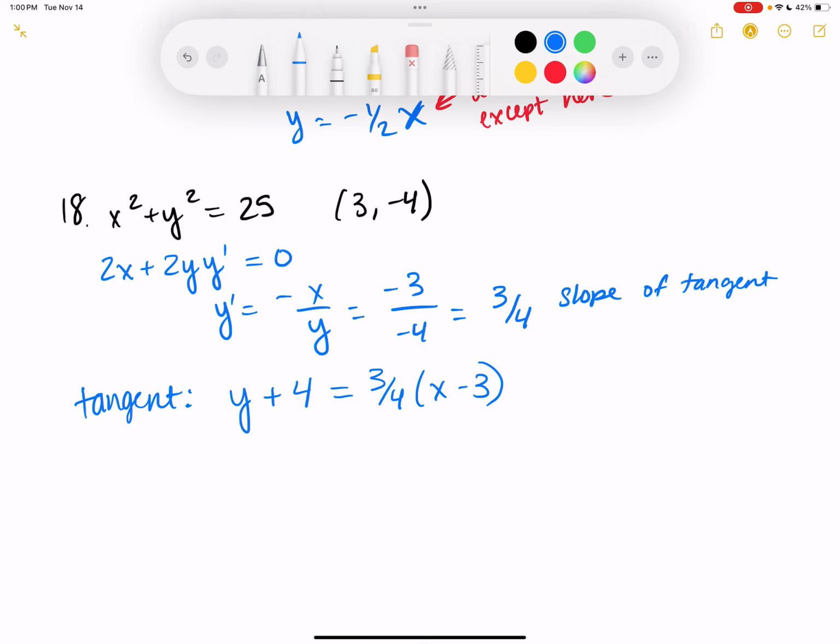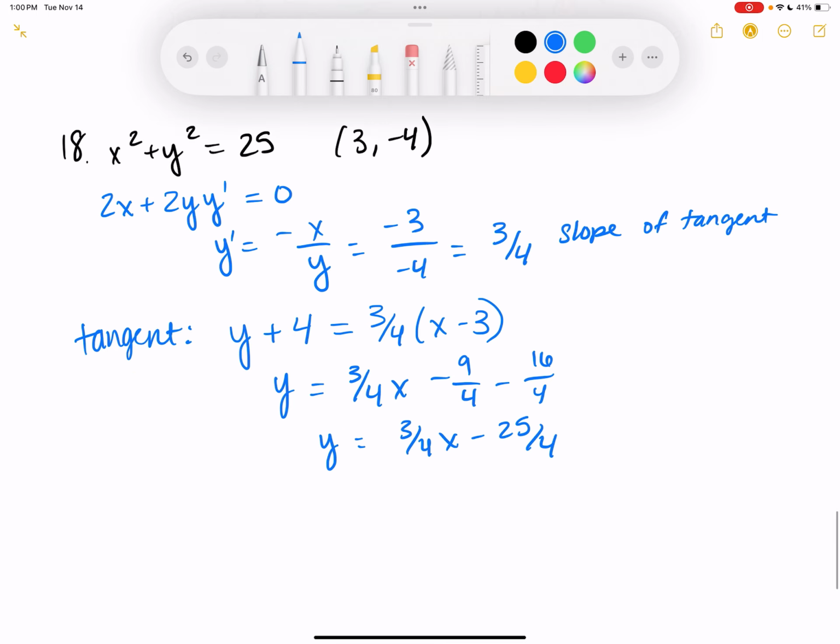If you manipulate it, you end up getting 3/4 x minus 9 over 4 minus 16 over 4, so that's 3 over 4 x minus 25 over 4. Either way is fine. It just looks kind of gross like that.